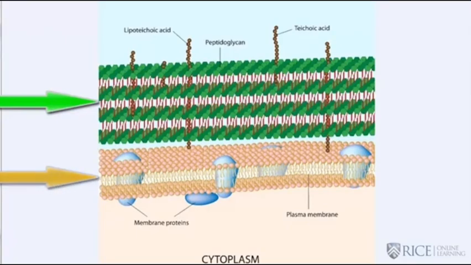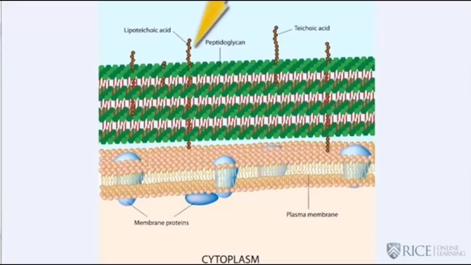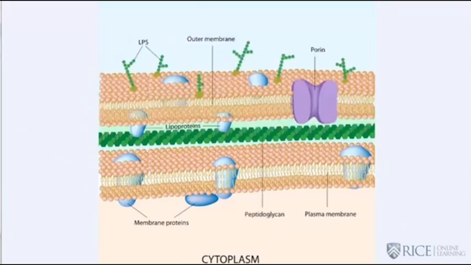And this thick green section is the peptidoglycan cell wall. And this cell wall has biochemical traits that are nothing like yours. Also, the lipids in the surface are nothing like yours. And so you can use that to help you decide that you've got some kind of pathogen.